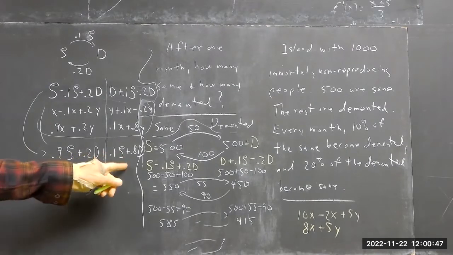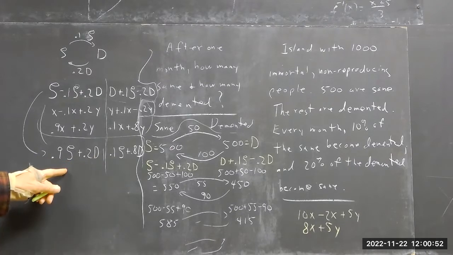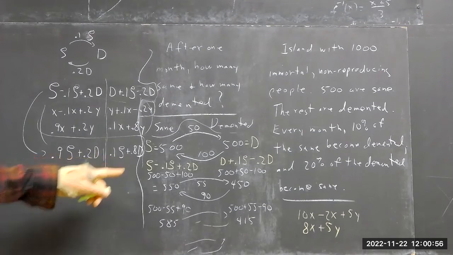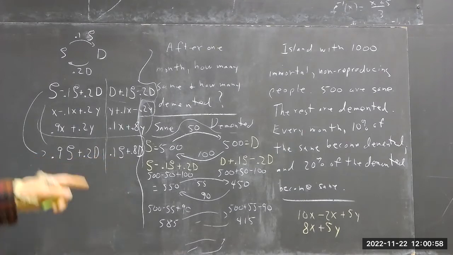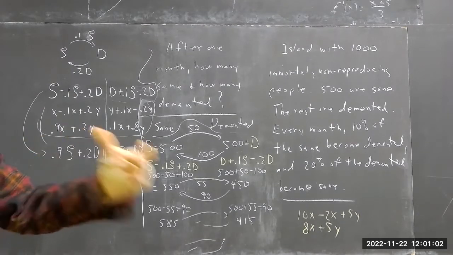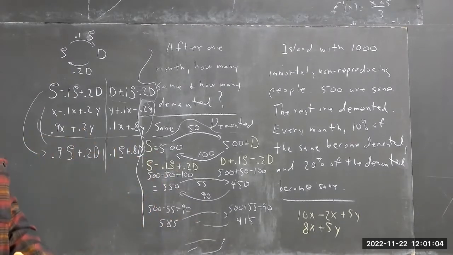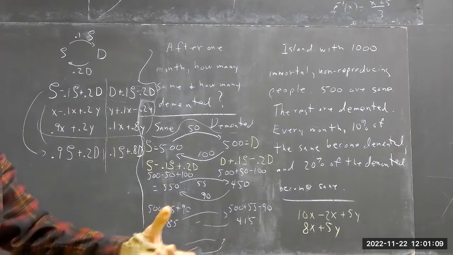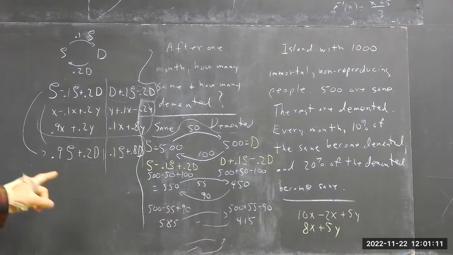This applies to any transition. So now we have our new number of S and our new number of D. We just apply the same rule. We take 90% of the sane, because what does 0.9S mean? It means 90% of the sane. If 10% of the sane become demented, that leaves you 90% of the sane who are still sane. That's all that means. Okay.